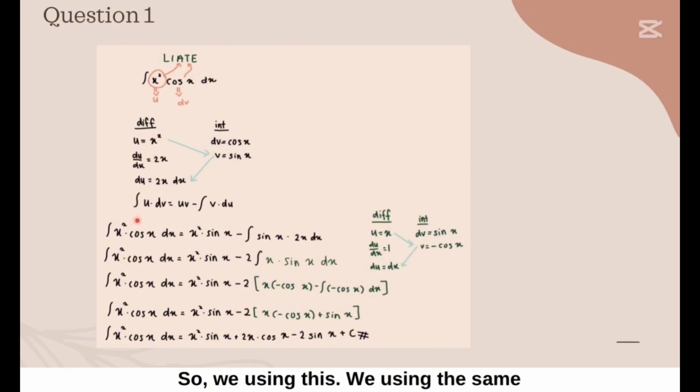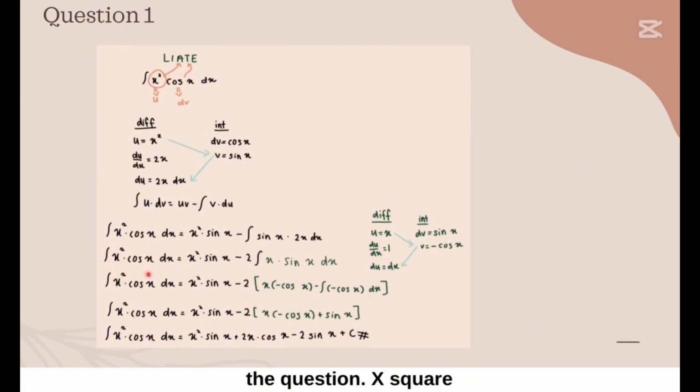We use the same formula, which is integral u dv equal to uv minus integral v du. You write down the question, then you can see u is x squared multiplied by sin x minus integrate sin x multiplied by 2x dx.